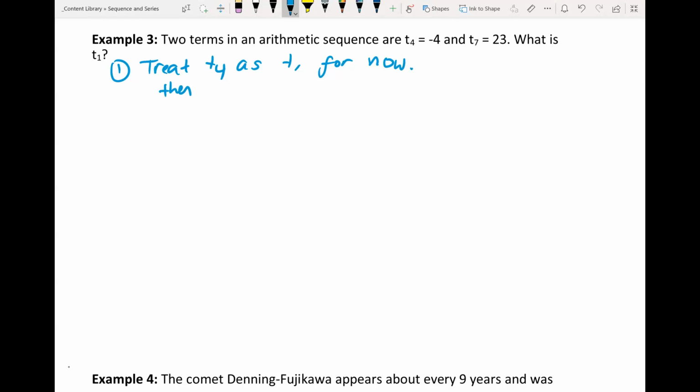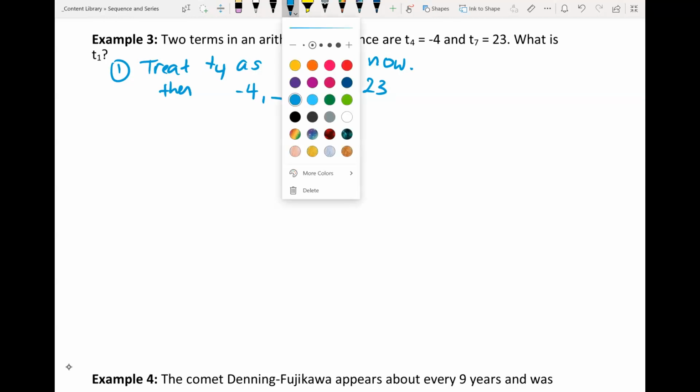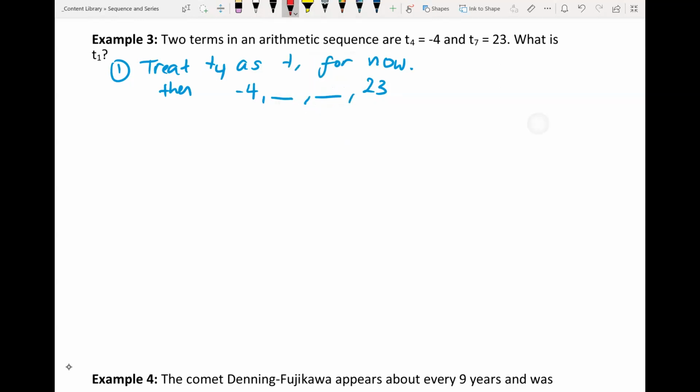So if that's the case, I'm going to write it out like negative 4 is going to be my first term. And then we're going to have another term, another term. So that's T4, T5, T6, T7 is 23. But instead of labeling as T4, T5, T6, T7, if I'm treating T4 as T1, that means this will be my first term and this will be my fourth term.